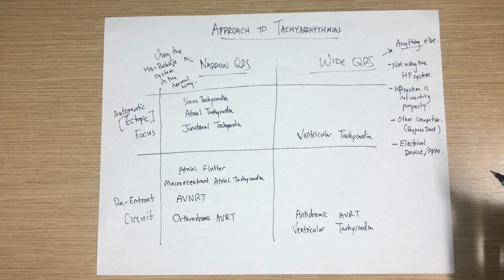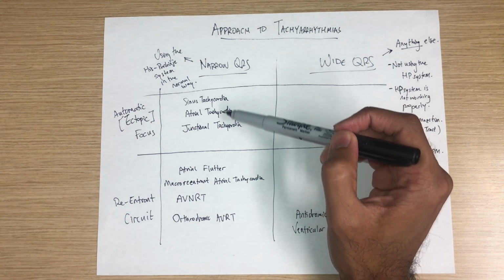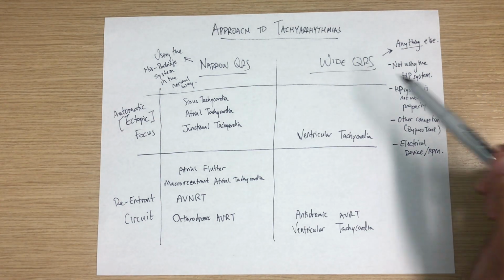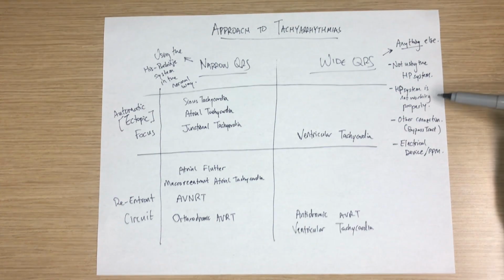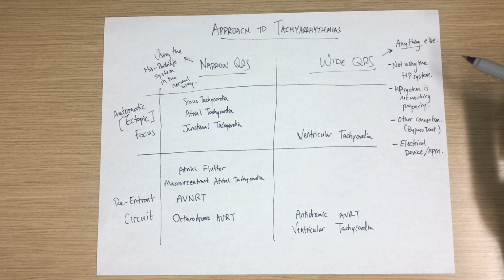Now, there's one sort of glaring hole in what we've done here, which is the idea of aberrant conduction. Essentially what that means is any one of these tachyarrhythmias that normally are associated with a narrow QRS, if there is a problem with the His-Purkinje system or some other connection between the atria and the ventricles, any one of these can be associated with a wide QRS instead.